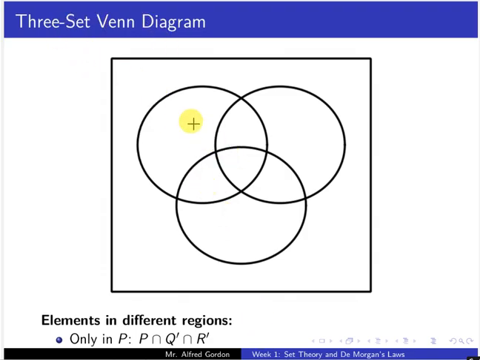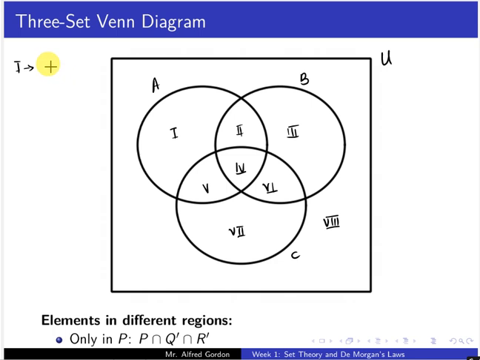This is the three-set Venn diagram, and let's try to identify the regions. Let U be the universal set, and let this be set A, that be set B, and that be set C. Let me number the regions I, II, and so on.